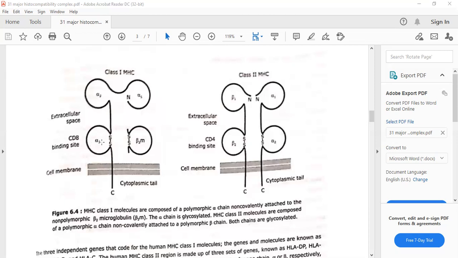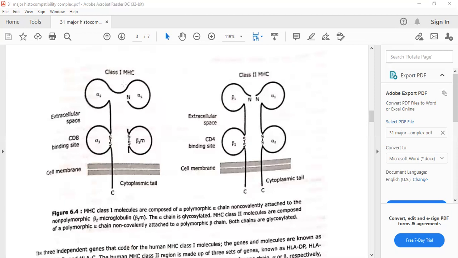This region is known as the CD8 binding site, where a cytotoxic cell will bind to this region by the CD8 receptor. The CD8 receptor will bind here to the MHC molecule, and this is the extracellular space.